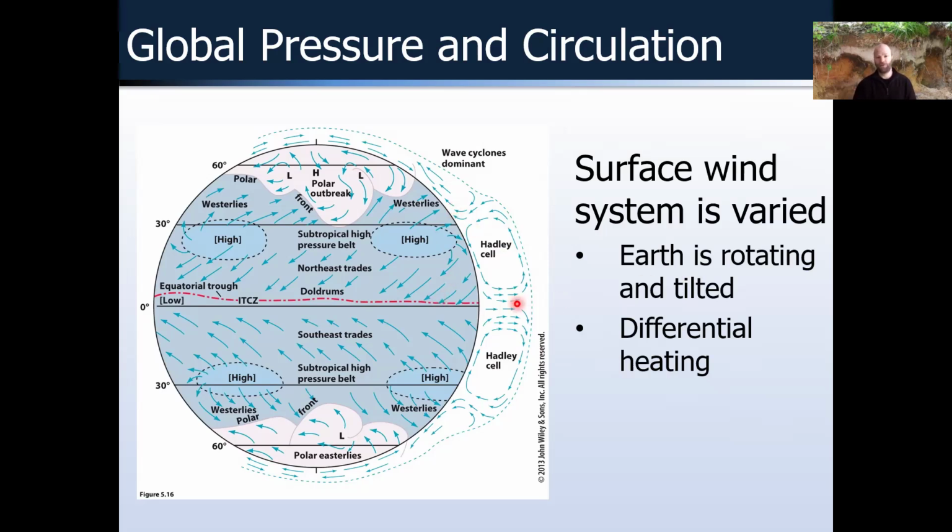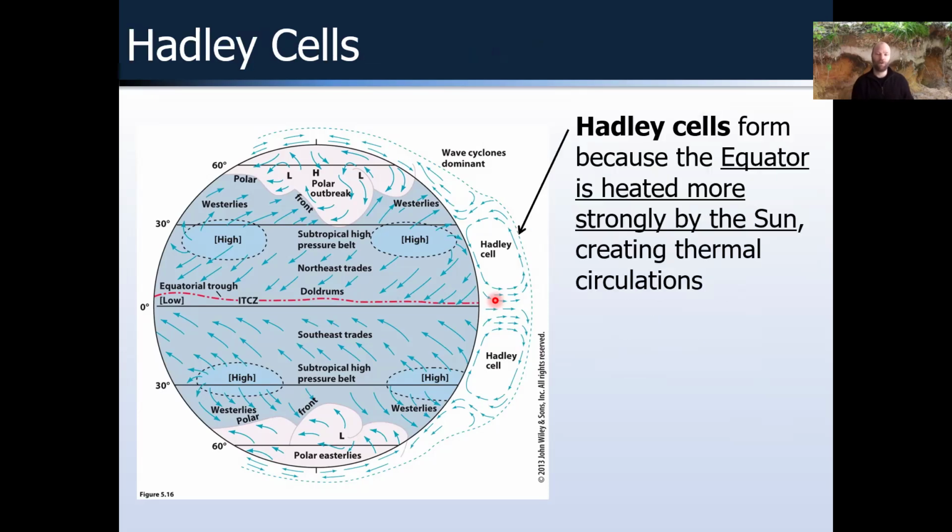The separation of the Hadley cell from mid latitude to polar has everything to do with the fact that we are tilted and rotating, and that differential heating mechanism is effectively migrating north and south, which we'll come back to shortly within this lecture. So now let's begin our journey of global circulation and focus on Hadley cells.